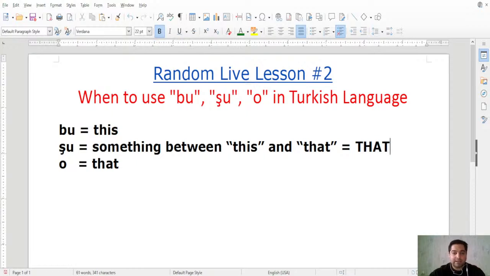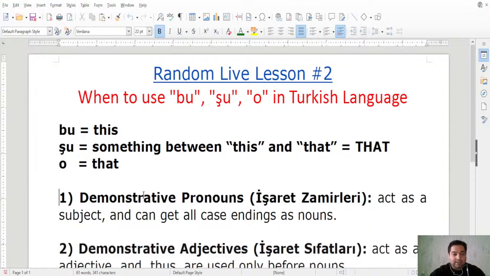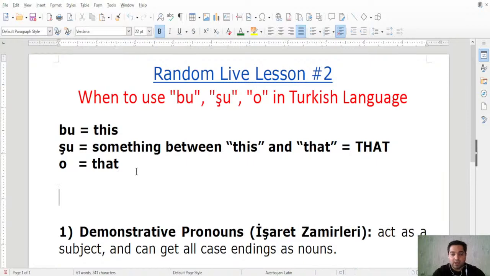Now let's go back and talk about one more thing before we continue with demonstrative pronouns and demonstrative adjectives. There is also one exception to o, okay? Let me also write that. O also means what? It is also a personal pronoun, which means he, right?